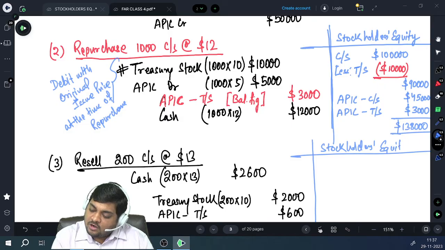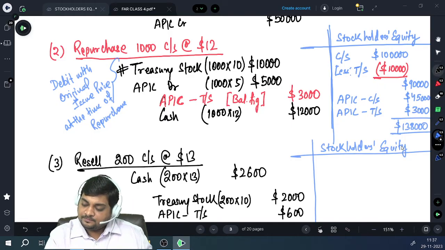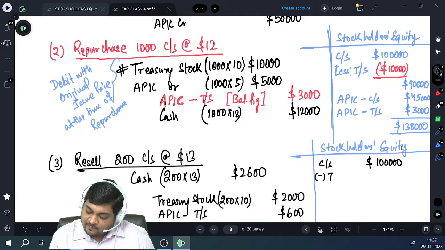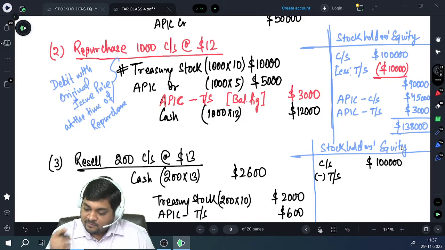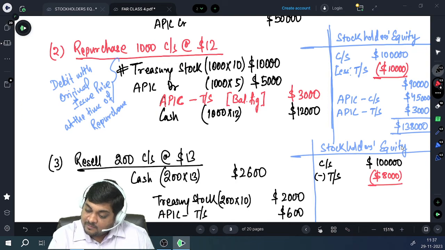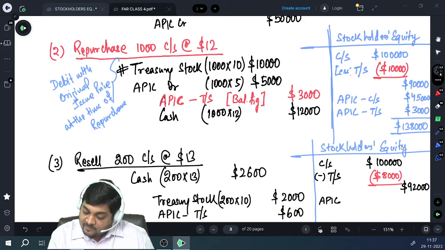If I go to stockholders' equity now, treasury stock it will be, additional paid in capital.